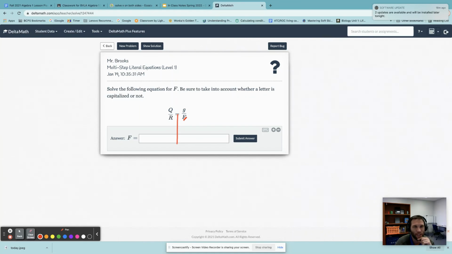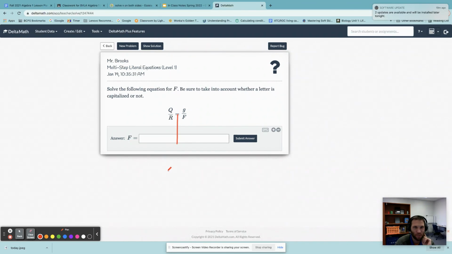Okay, if you get here, I didn't realize it was set up as a proportion. We're gonna do proportions next week. And this is a proportion, so ratio equals a ratio. We're gonna get to this next week. You can just hit next problem, but it's just cross multiply. Cross multiply and set them equal to each other.